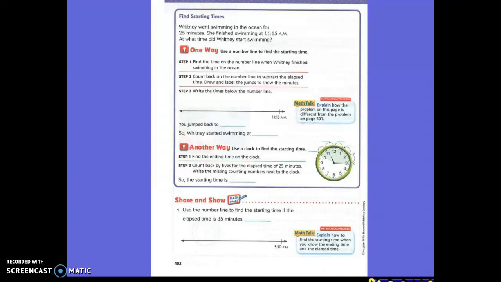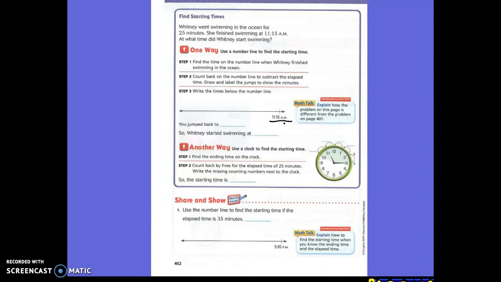When you are finding start time on a number line, you write the end time that she finished at the end of the number line. When you get end time, you write the time at the end. So they wrote 11:15 on there for us. Now they gave us the minutes, 25, right?